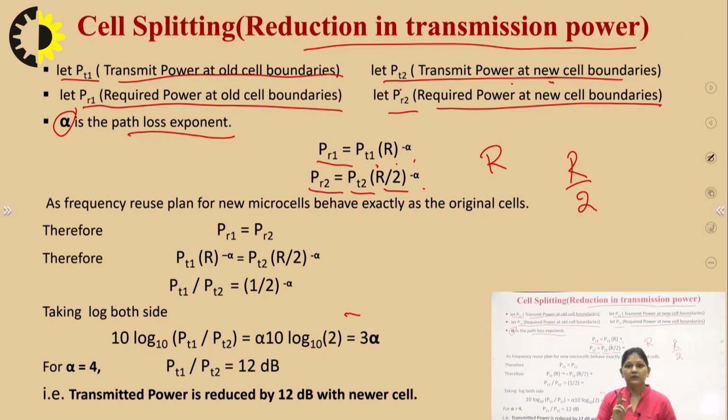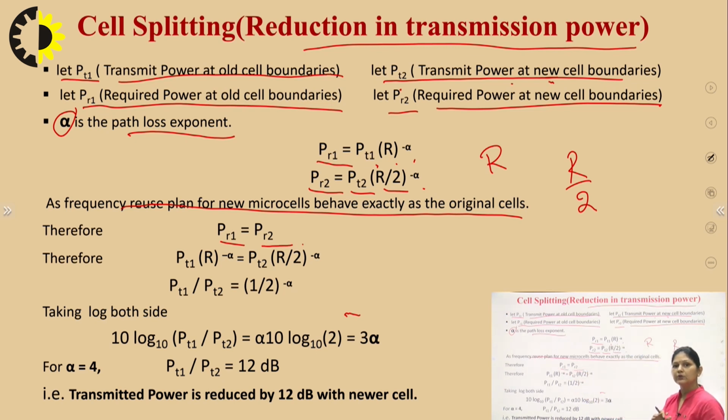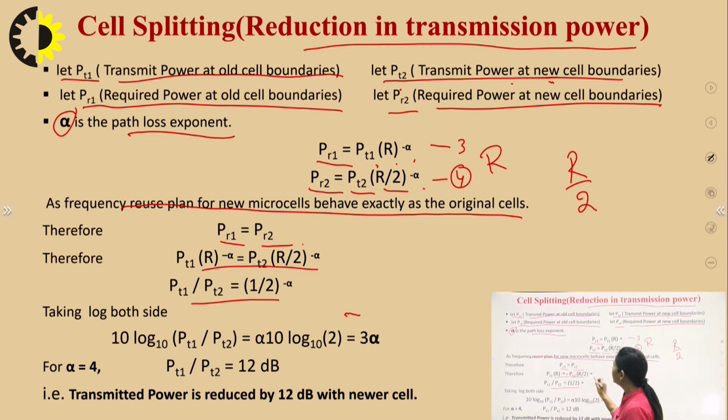We are not changing anything other than the radius, so the frequency reuse plan will remain the same. As the frequency reuse plan is exactly the same, the new cells will behave in the same manner as the earlier ones. So PR1 is equal to PR2. In this case we equate the third and fourth equations.